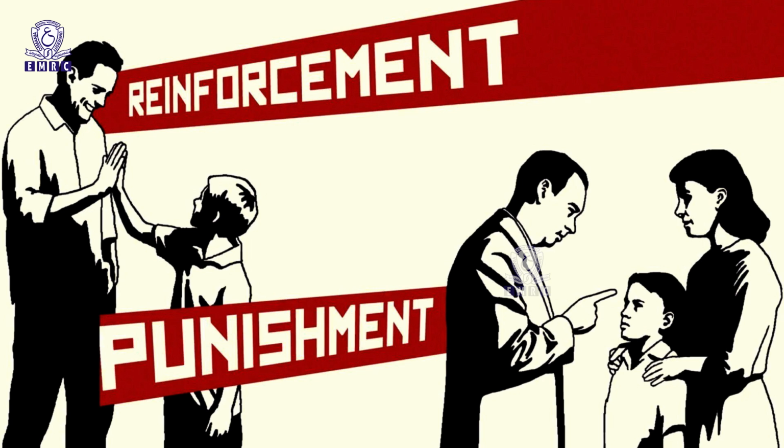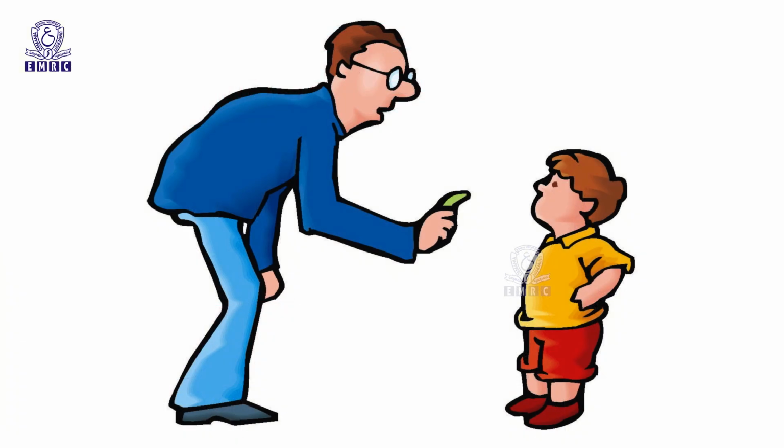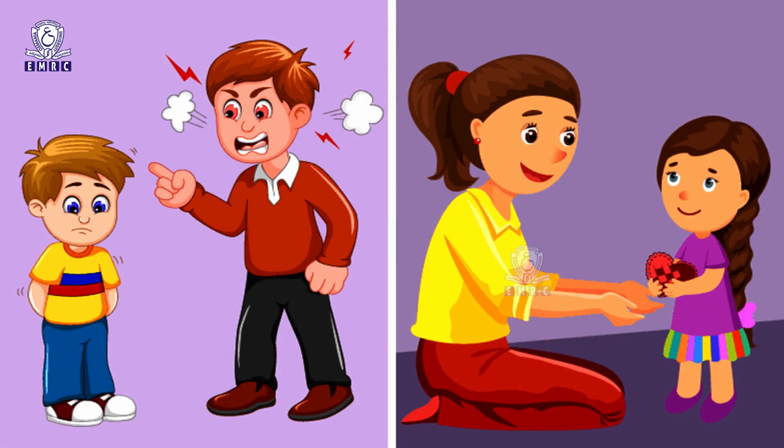Reinforcement and punishment are terms that refer to the process by which certain stimuli, that is consequences, change the probability of a behavior. Reinforcer and punisher are terms that refer to the specific stimuli, that is consequences, that are used to strengthen or weaken the behavior.